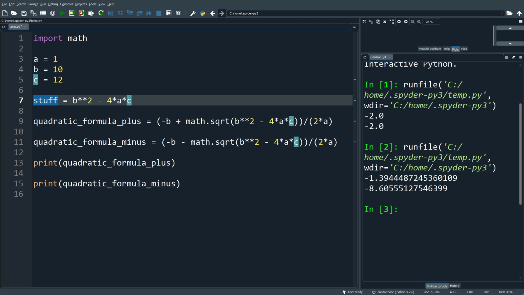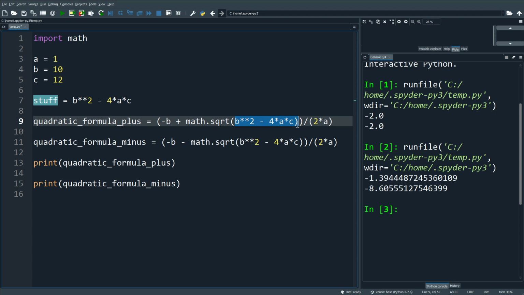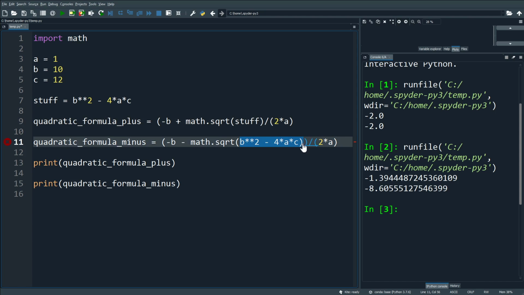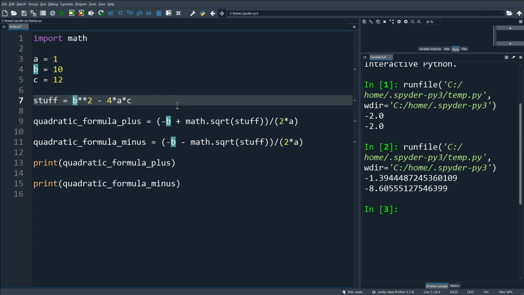And then what I can do is just clean up the formulas a little bit more by just saying stuff instead of all that gibberish. And now I have my... Oh, I do need to add a set of parentheses to make sure that my PEMDAS is still nice. And you know what? I could just make this even simpler, and make all this math.square root.